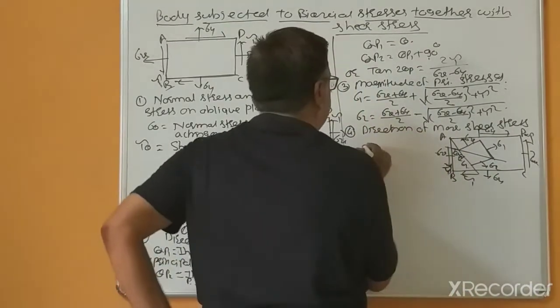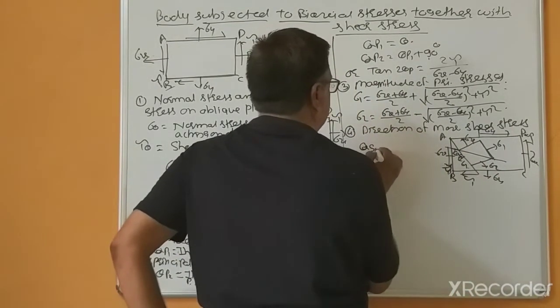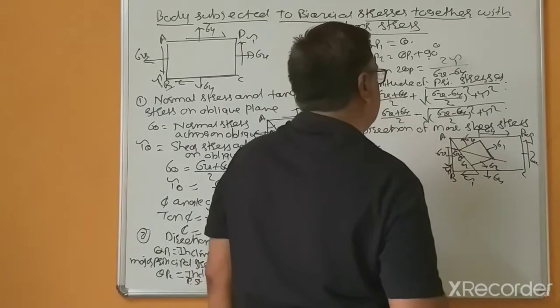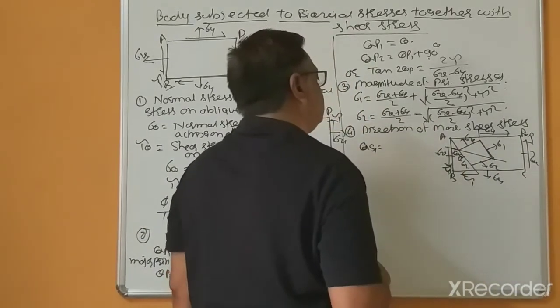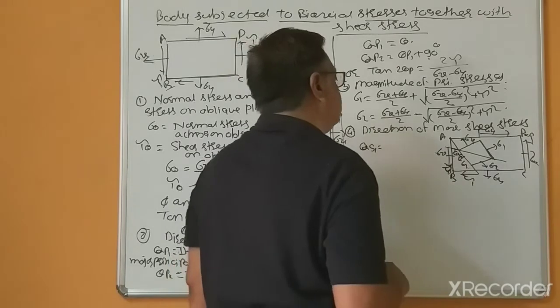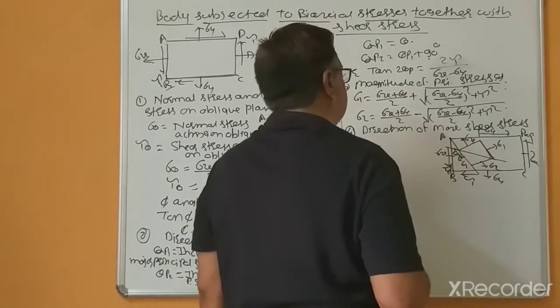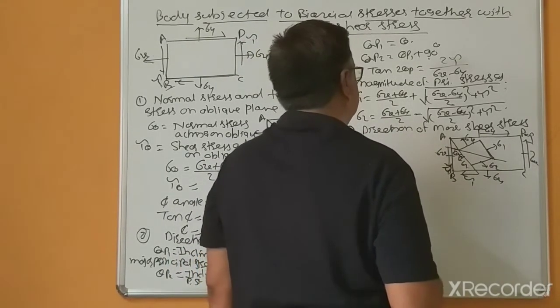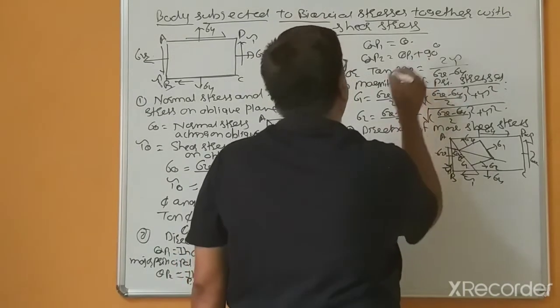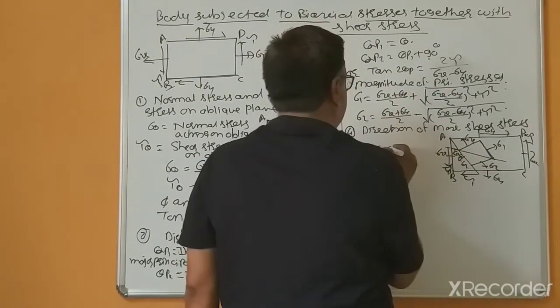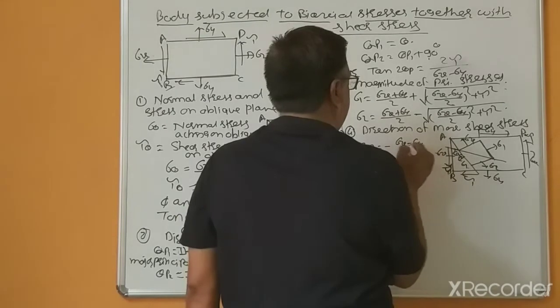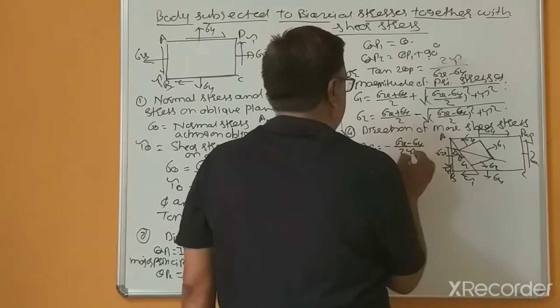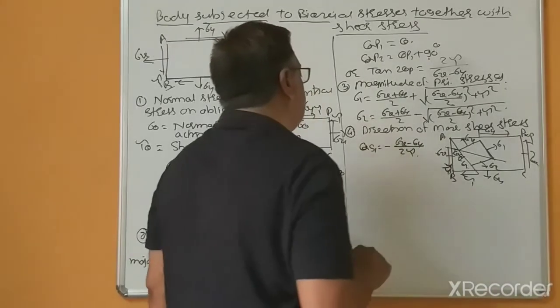So theta S1 is equal to minus, sigma x minus sigma y divided by 2 tau.